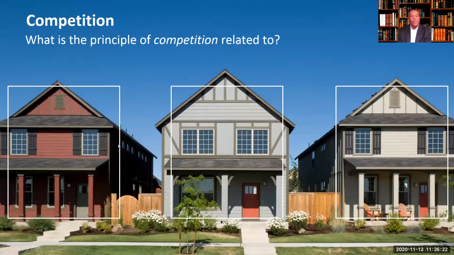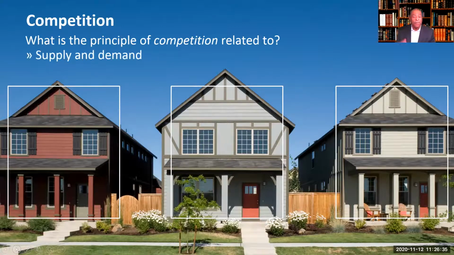Now, one of the values we mentioned is the principle of competition. Now, what is that related to, especially in real estate? Truthfully, it's related to a number of things, and I'm going to talk about some of them, but it's about supply and demand. In residential real estate, it's simply about how many other similar properties are on the market to the one that you would be listing, that you are trying to sell.